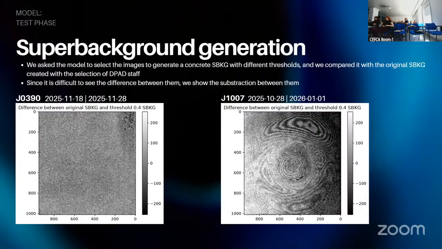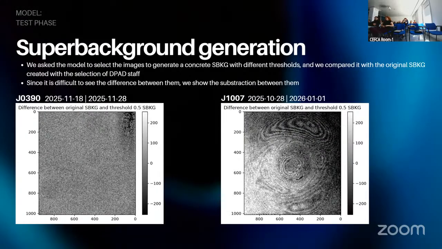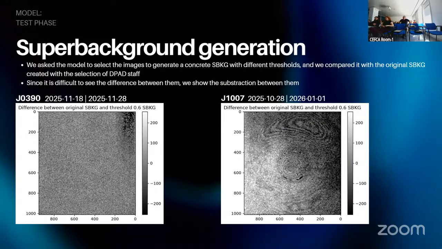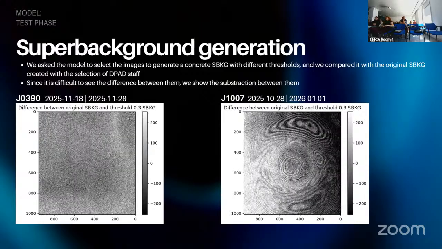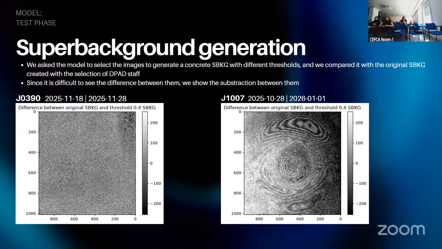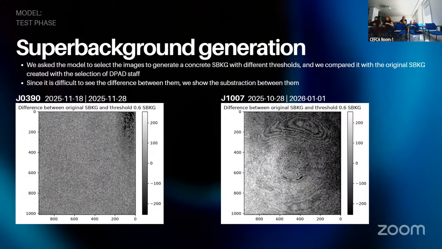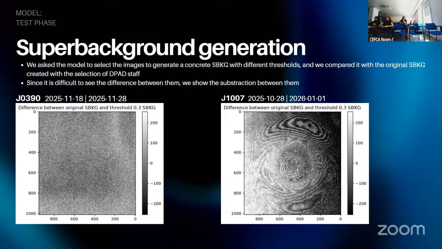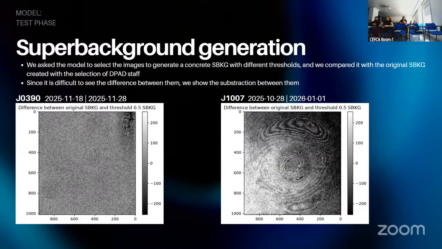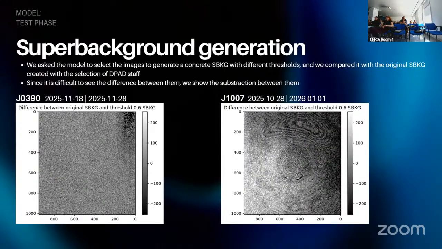How many images went into the original super background versus yours? Because I'm a bit surprised by the difference when your threshold is so low, which supposedly means really high confidence of good images.